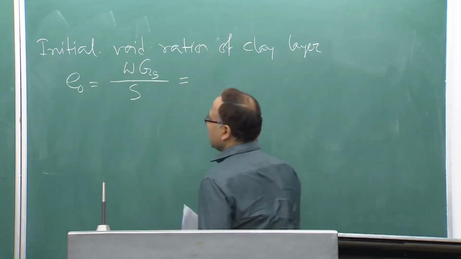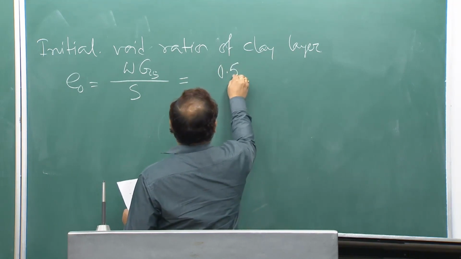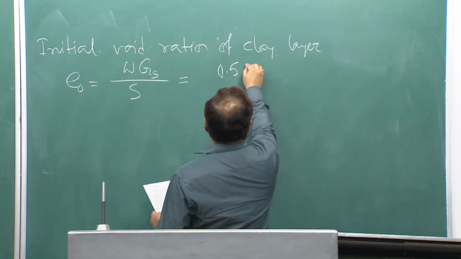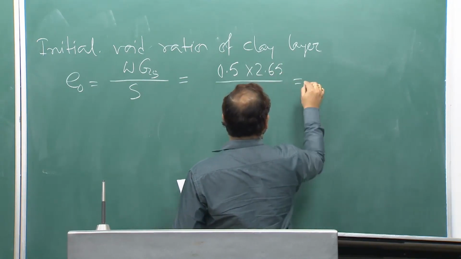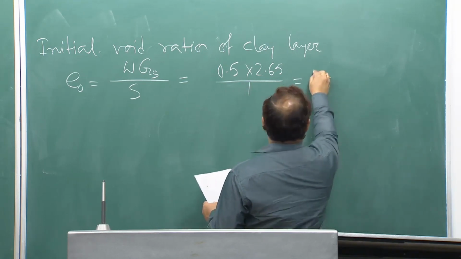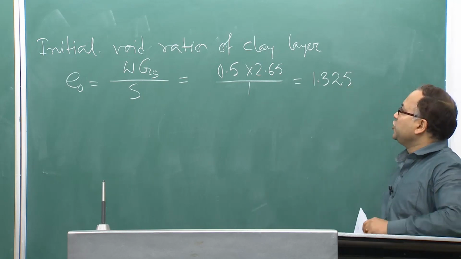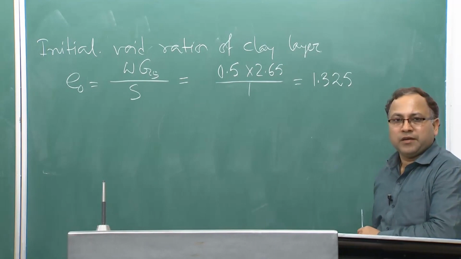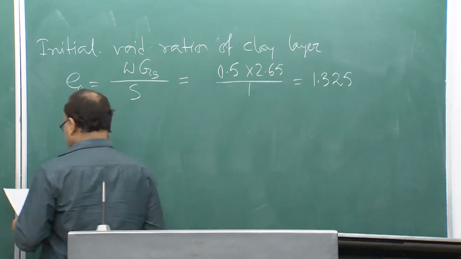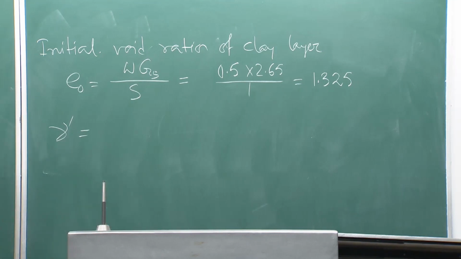So, I can put the values of water content, specific gravity and degree of saturation. That gives me the initial void ratio of this clay layer as 1.325. Okay. Now, we are trying to find out gamma submerged.